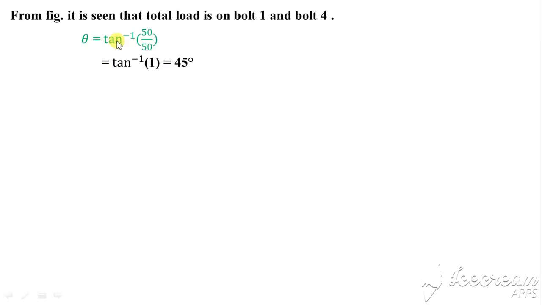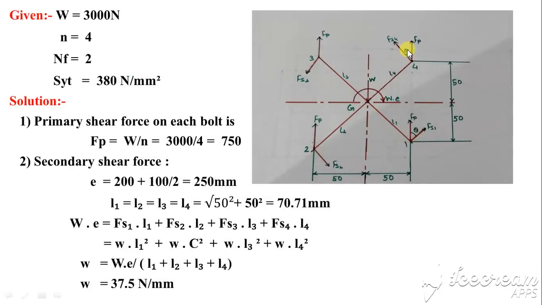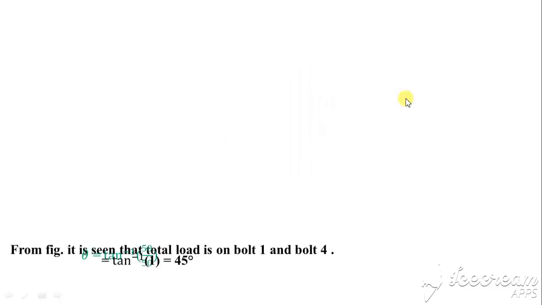So for this, theta is tan inverse of 50 upon 50, because that is clear. Theta can be easily found from these distances, which are the same value for both, because this distance is 50 and this is also 50. So that is tan inverse of 1, which is 45 degrees.